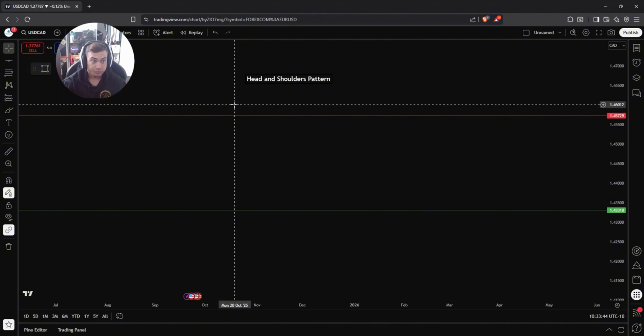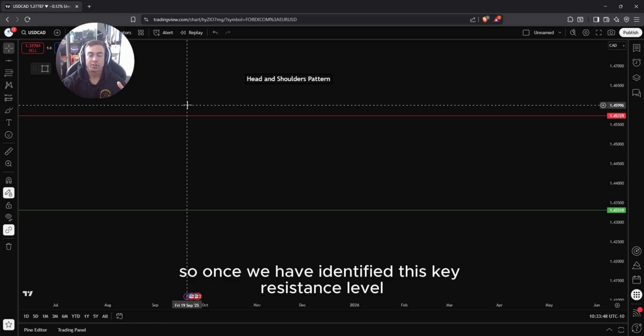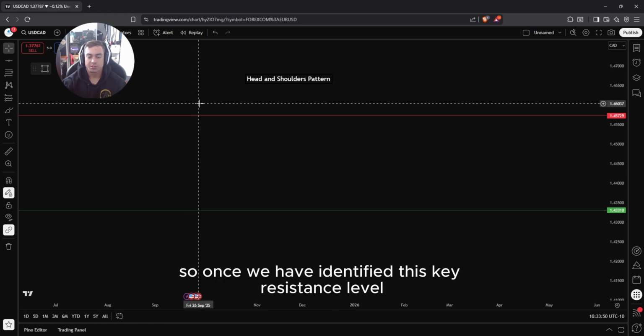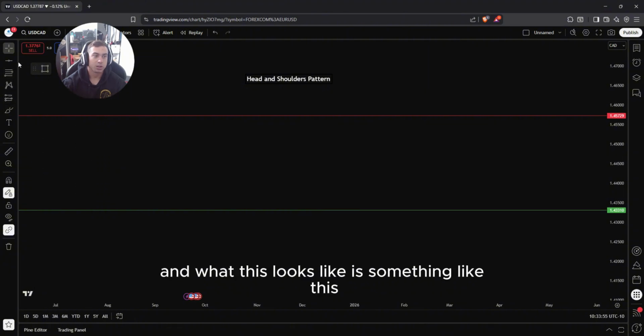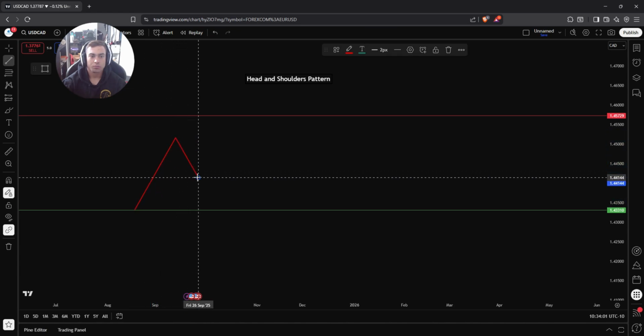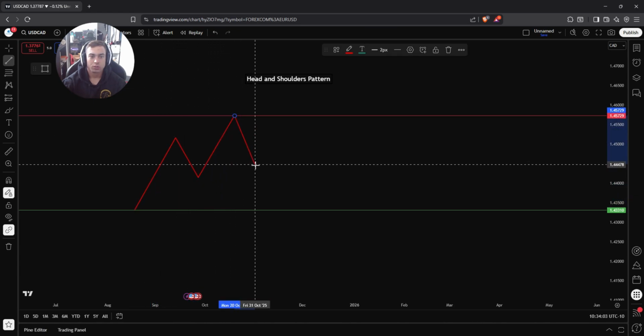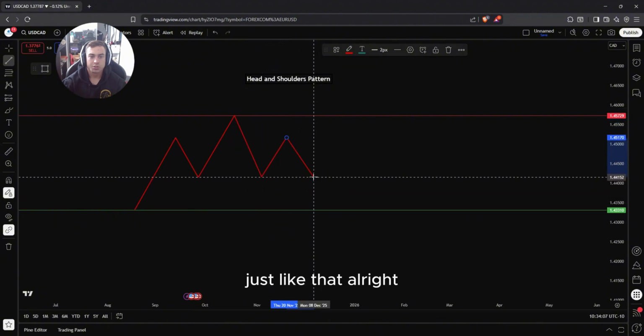Once we have identified this key resistance level and price has reached that level, we have to look for this pattern. And what this looks like is something like this. Just like that.